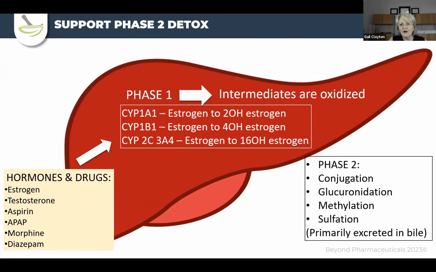Okay. Now, there's also another way things are processed in phase 2, besides conjugation. Conjugation is where we add the glycine, but our detox also includes glucuronidation, which is like maybe using olive oil, and methylation. We have to be methylating well.